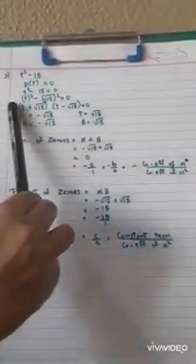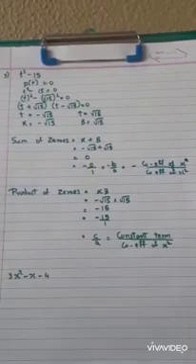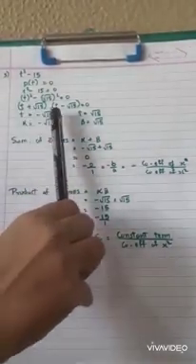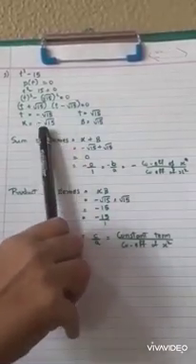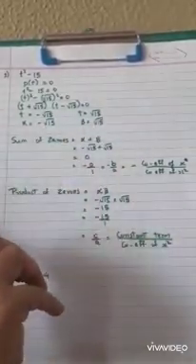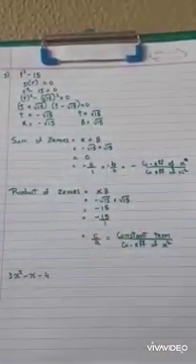So the formula a square minus b square equals a plus b, a minus b. So t plus root 15, t minus root 15 equals 0. So you will get minus root 15 and plus root 15. So alpha will be minus root 15, beta will be plus root 15.